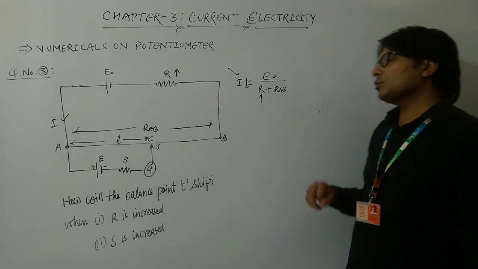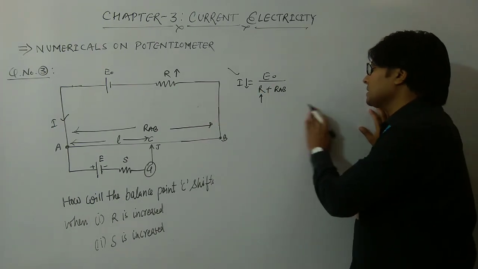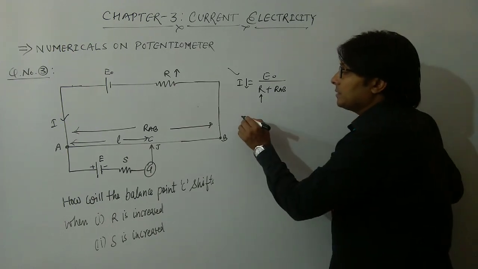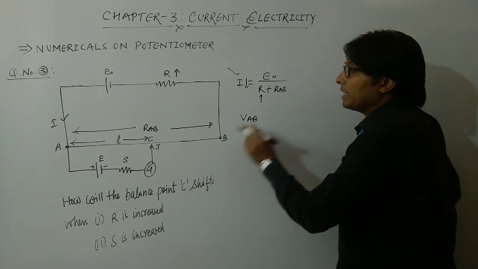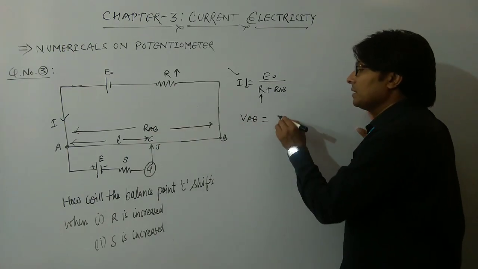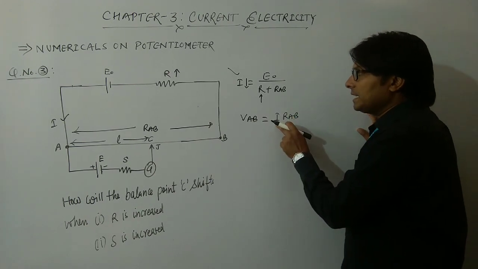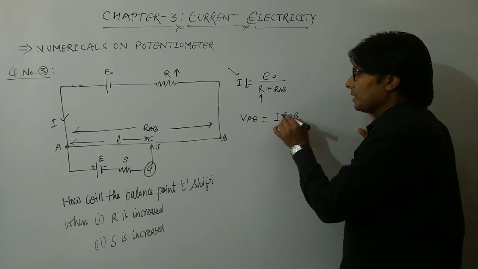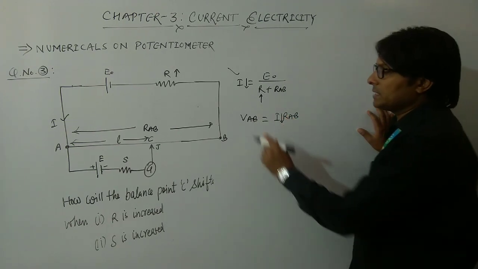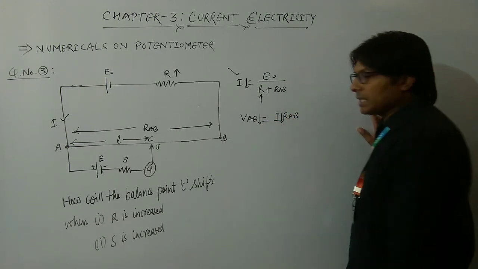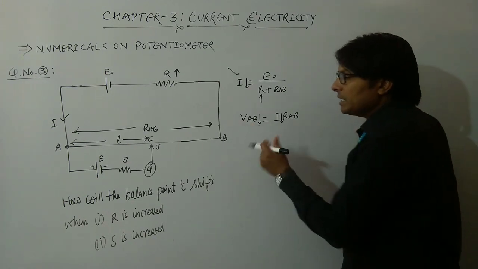And if the current flowing through the primary circuit decreases, then the voltage drop on wire AB, that is VAB, equals I into RAB. If I decreases, then this value also decreases, so VAB decreases.